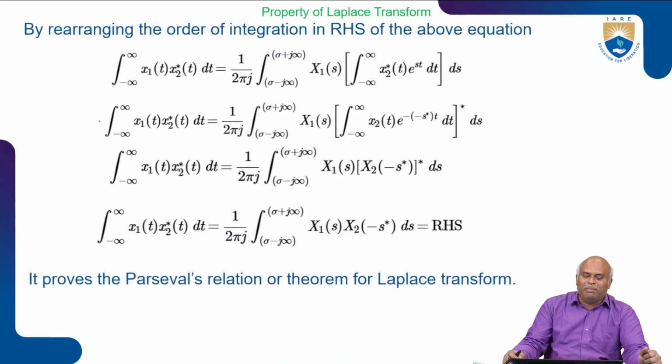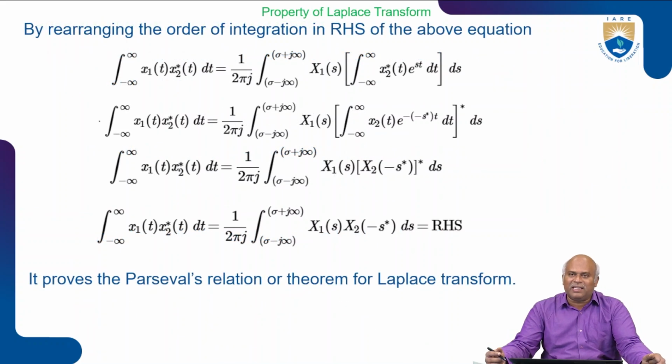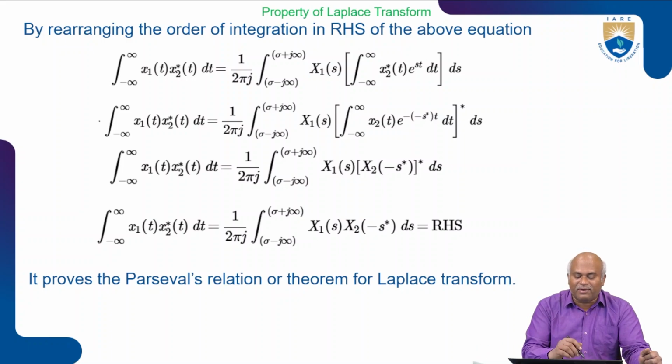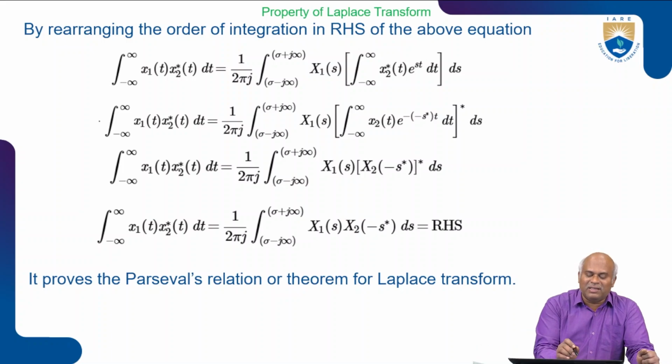Now, by rearranging the order of integration on the right side of the equation we have obtained, I take out 1 by 2 pi j integration from sigma minus j infinity to sigma plus j infinity of x1 of s, and the remaining term is the integral from minus infinity to plus infinity of x2 star of t e power st dt, ds. Now I apply the star to the whole term. If you take the whole star, then s also becomes star, and this plus I convert to a minus.